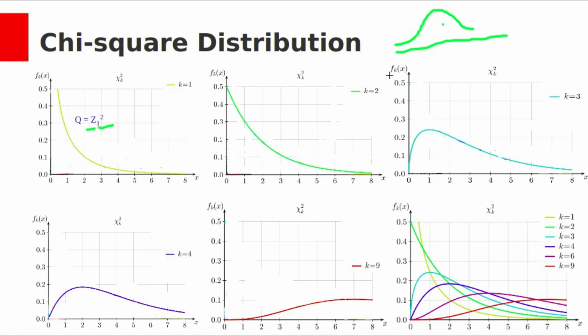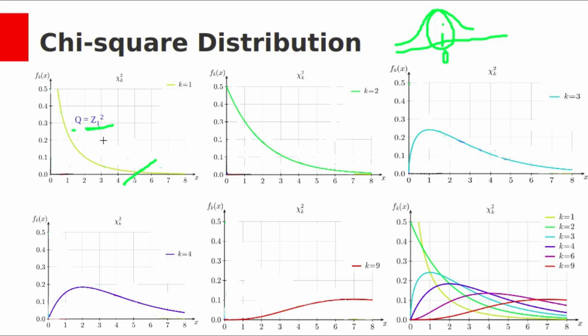This z value is taken from the standard normal distribution, so most of your data is around the mean, that is 0. So the probability for selecting a point near 0 is high. Since q value is the squared value of this z1, it will also have high probability near 0, and getting 4, 5 or 6 will be very unlikely. So probability for these bigger numbers will be very less if you take a single sample. So if degree of freedom is 1, then chi-square distribution will look like this curve.